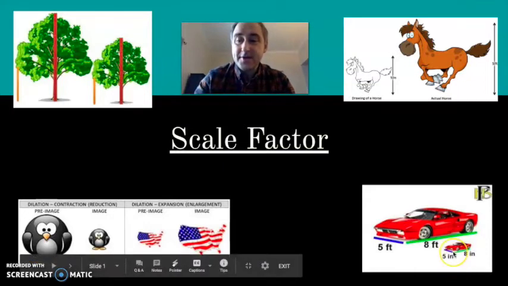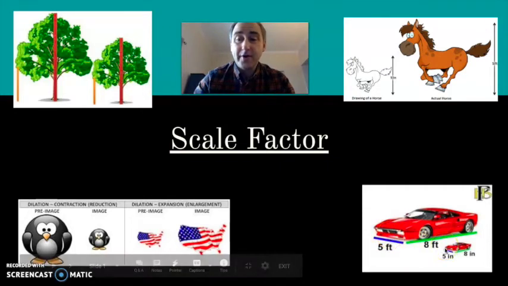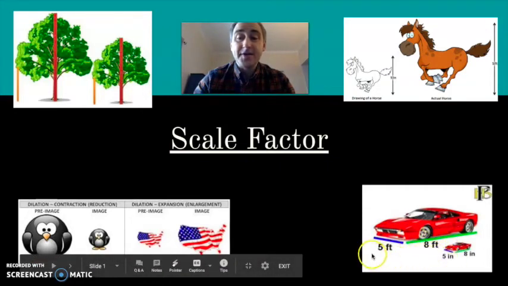So we see here that the scale factor of this model car is 5 inches wide and 8 inches long. It turns into 5 feet in real life wide and 8 feet long in real life. Here's a scale factor. You see the 5s are the same, but this is stretching from inches into feet.